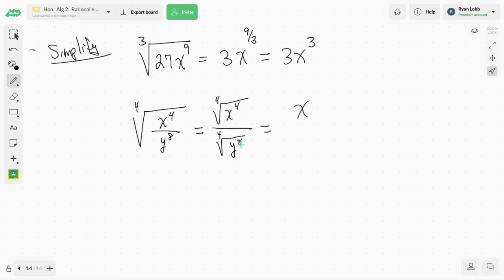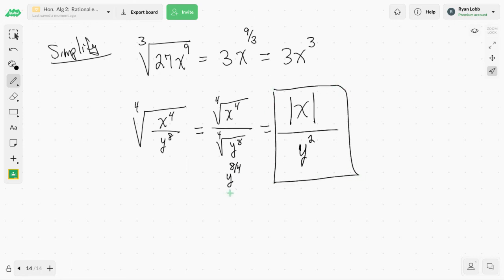I'm not told anything about x, so I'm going to need absolute value around this. And then down here, what's the fourth root of y to the eighth? Well, if we convert this to exponential form, we'd have y to the 8/4, and 8 divided by 4 is 2, so we get y squared. So there's that one simplified.